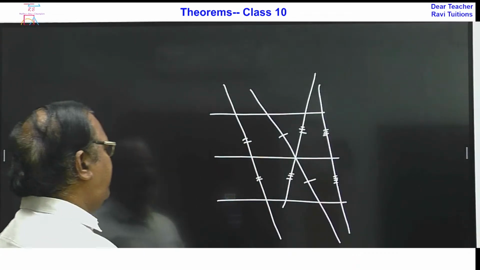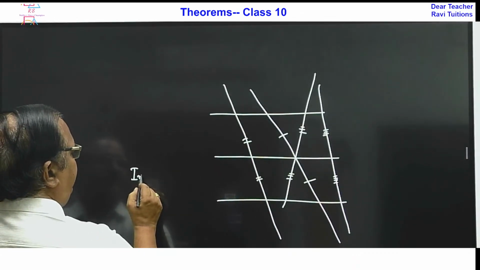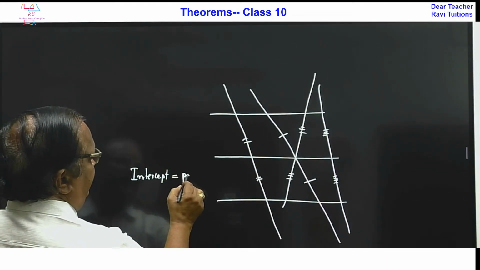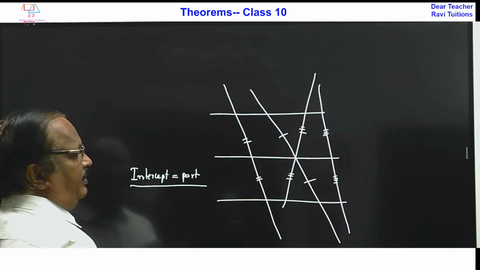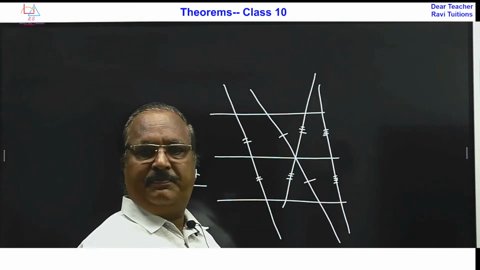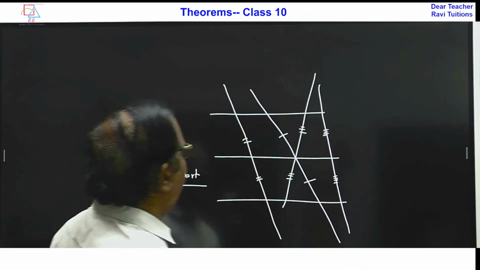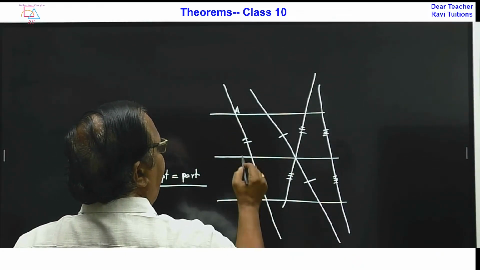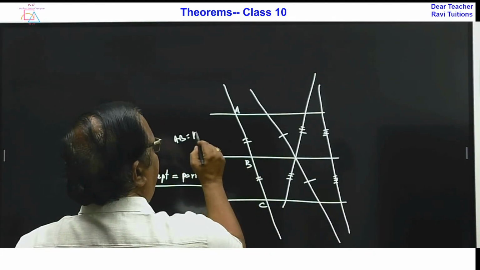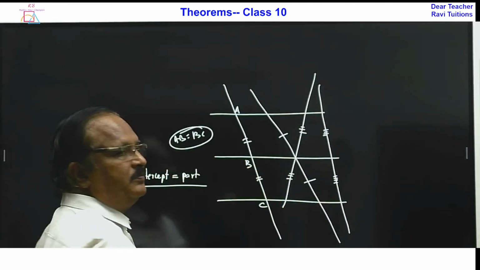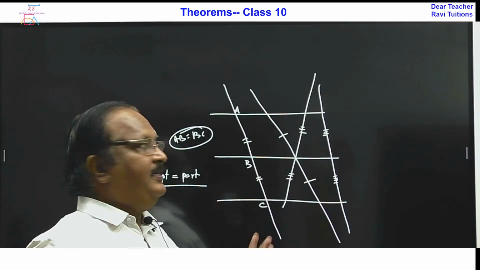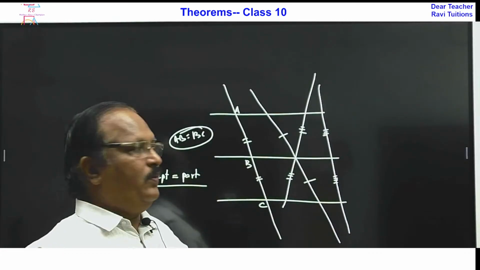Intercept means a part. So that means this part, if I say A, B, C, so AB is equal to BC. This is 2 parts. Okay, 3 lines make 2 parts on one line. So AB, BC are equal.